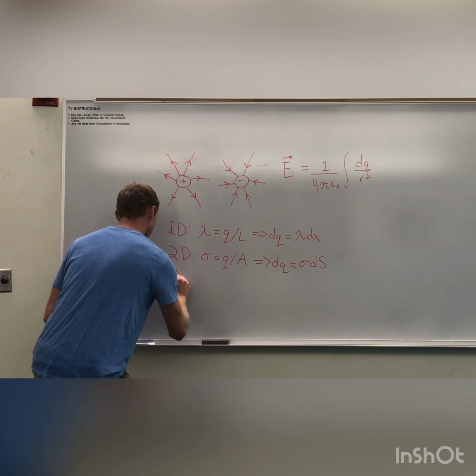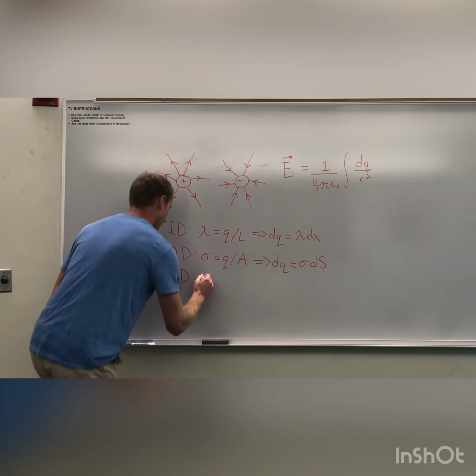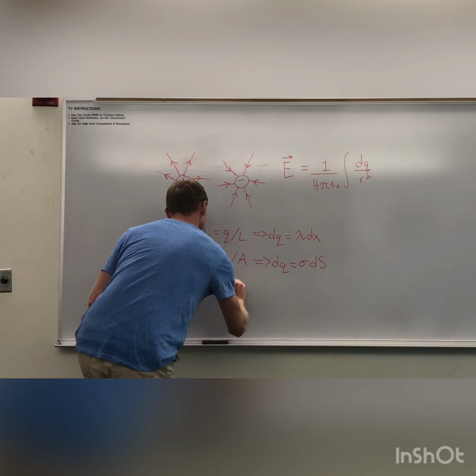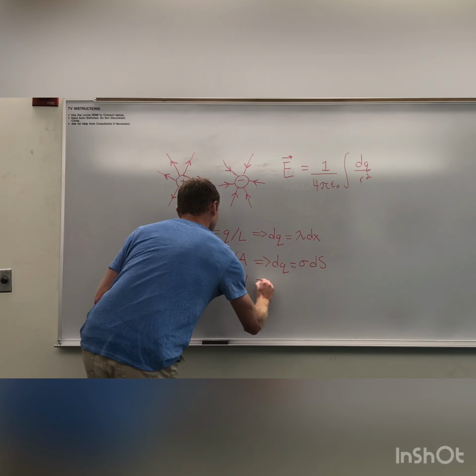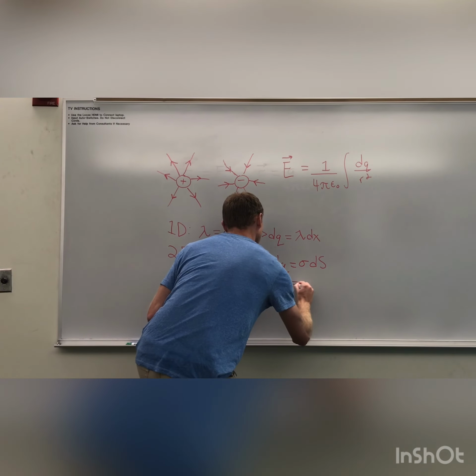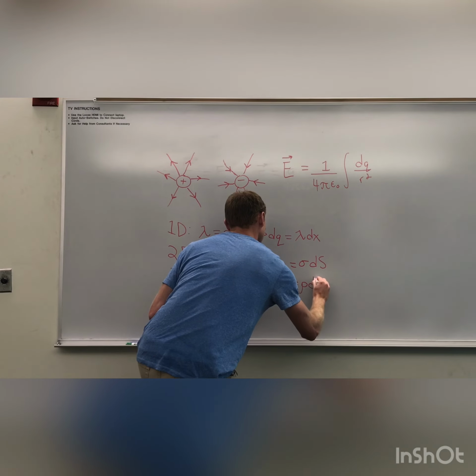Then we have three-dimensional as rho equals charge divided by volume, which gives us dq as rho dv.